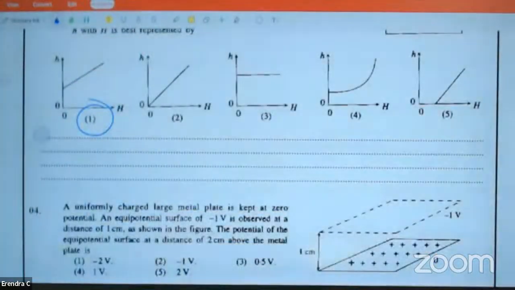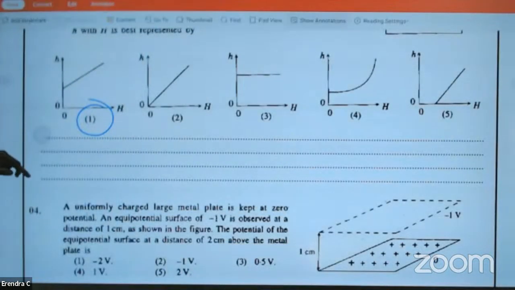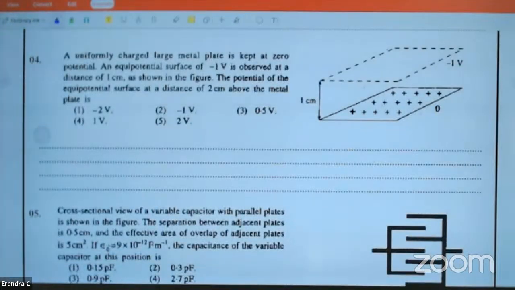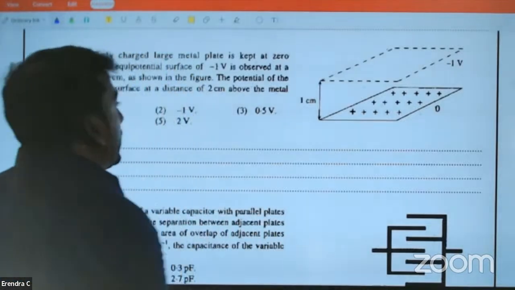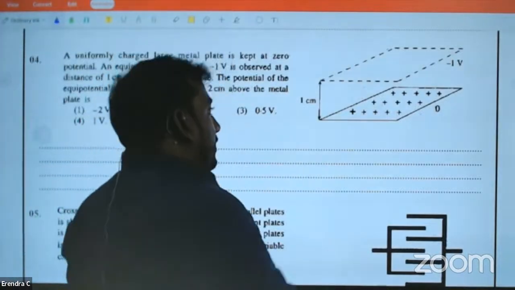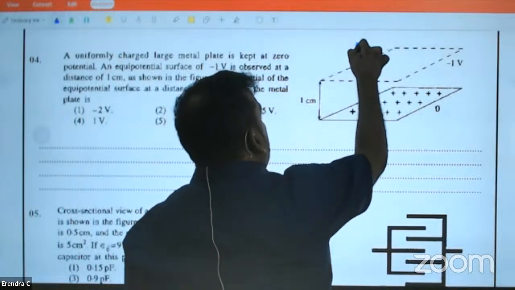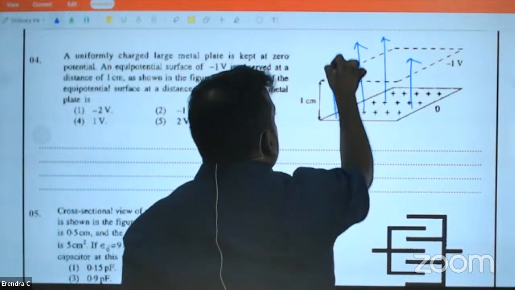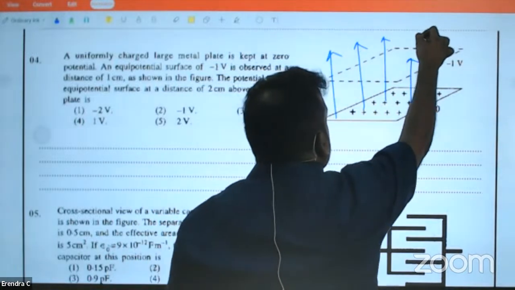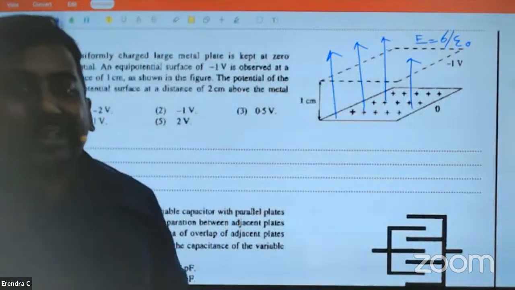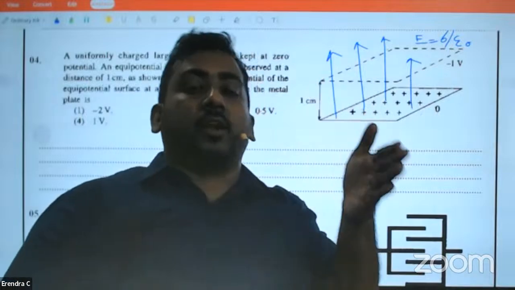Okay. Moving on forward. Carefully look. A uniformly charged large metal plate is kept at zero potential. Now, yesterday we have done this. Uniformly charged means there will be an electric field active. The electric field is equal to sigma divided by epsilon naught. Electric field is independent of the distance.